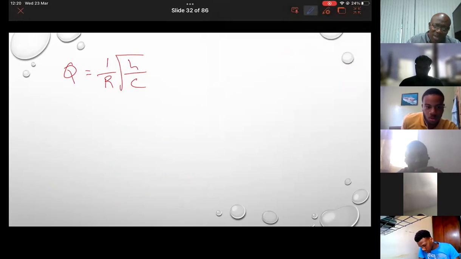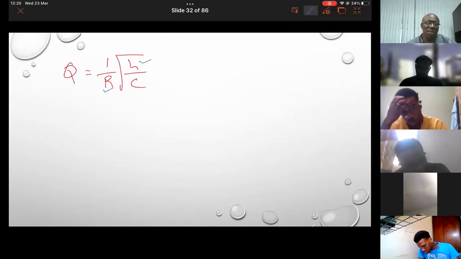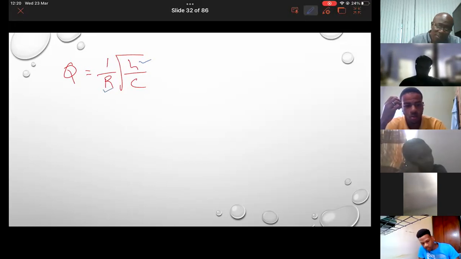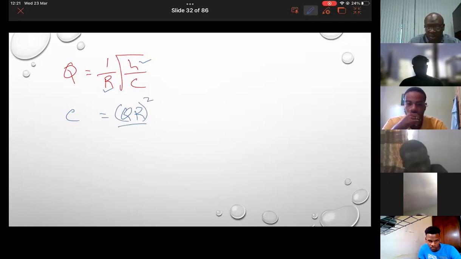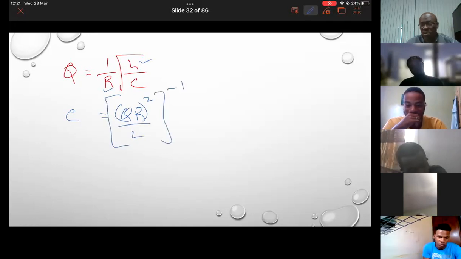So you have L, you have R, so you can find C. All right? So C is equal to QR squared over L, the reciprocal of that.